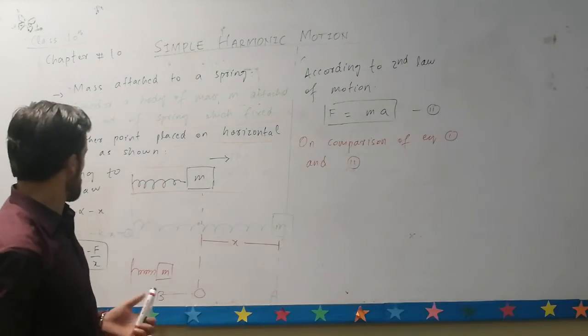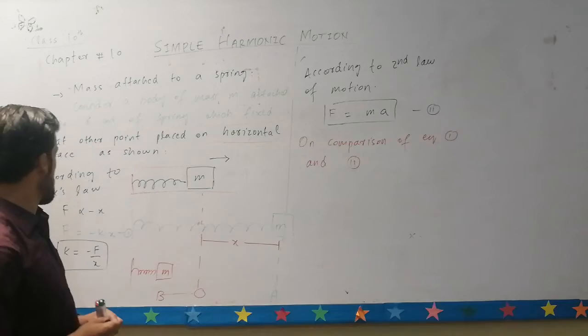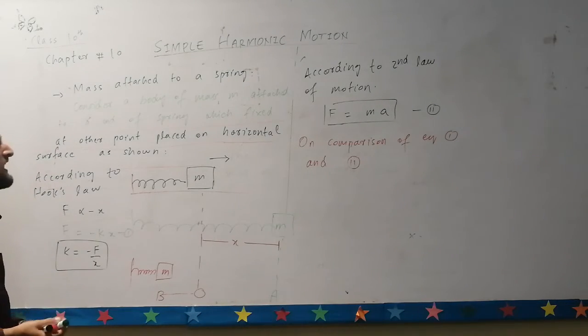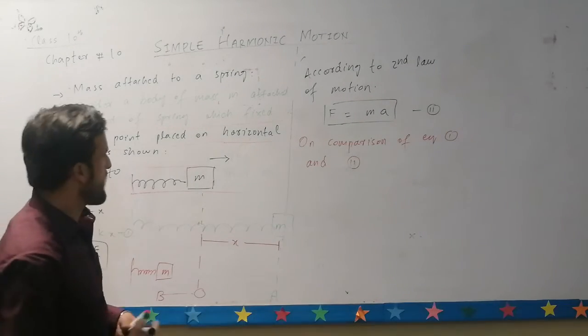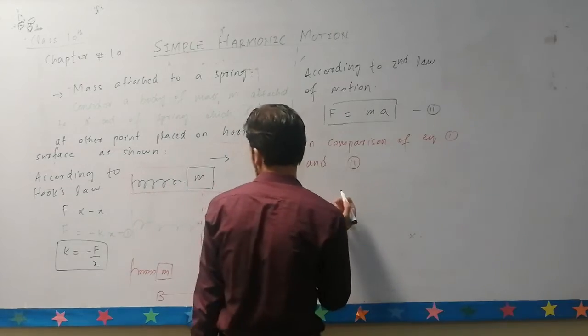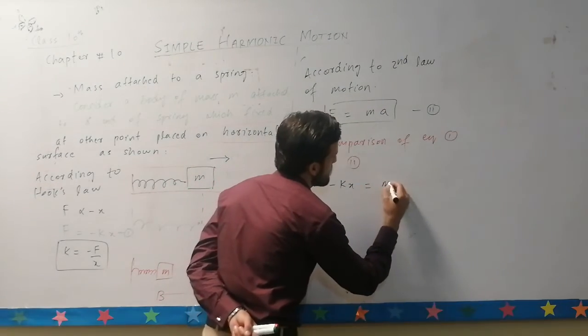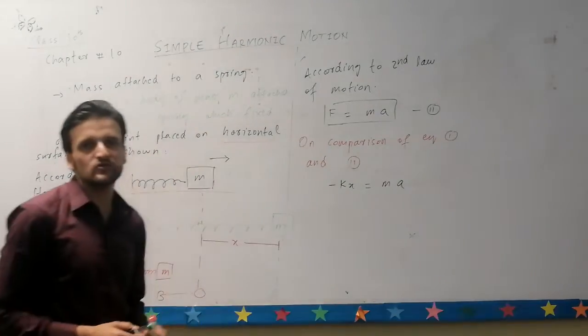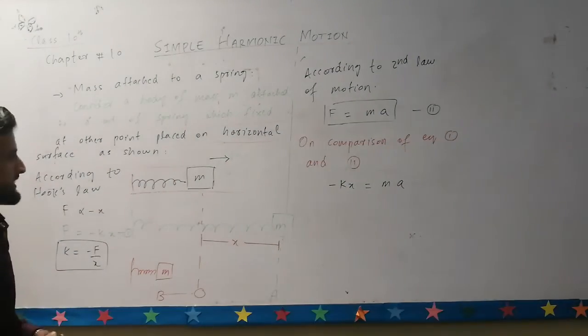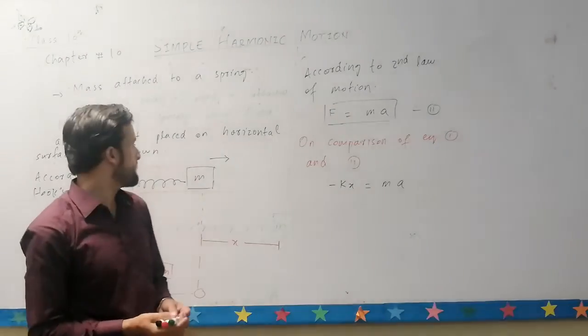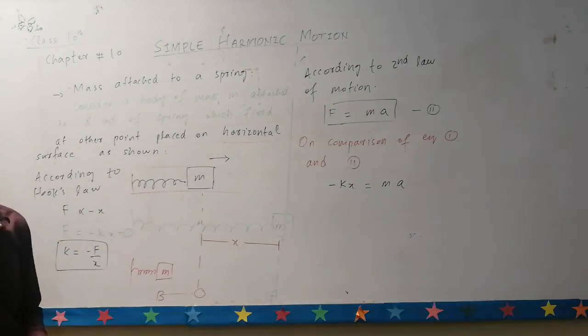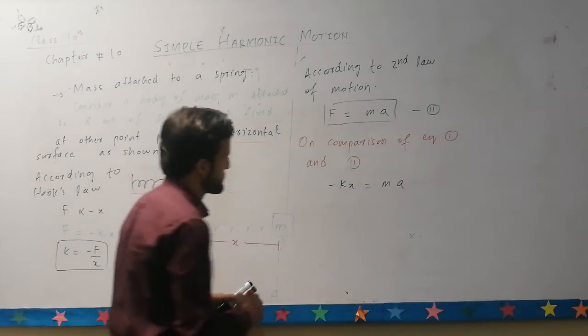On comparison of equations 1 and 2, we see that the left hand sides of equations 1 and 2 are the same. So the right hand sides of these two equations are equal. That is minus kx is equal to ma. Here we are going to calculate the value of acceleration, which shows the mass attached to a spring executing simple harmonic motion.